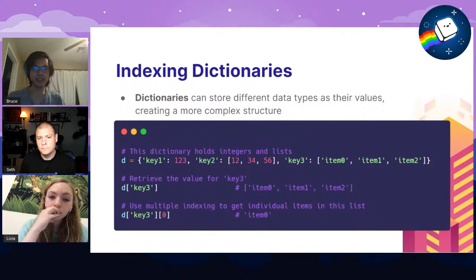Okay. So once again, indexing looks pretty much like it does with lists and tuples, except it's with the names of the keys. And then multiple indexing, just like before, D of key 3 will return to you this list, and when I index it at 0, we get item 0.